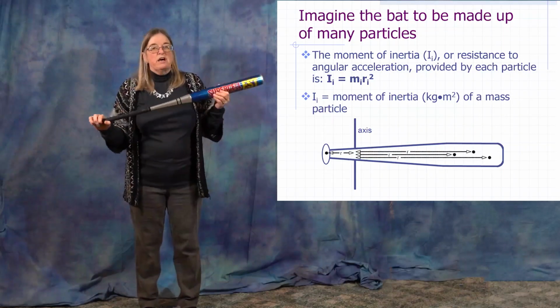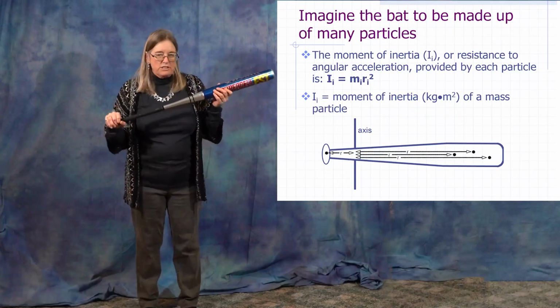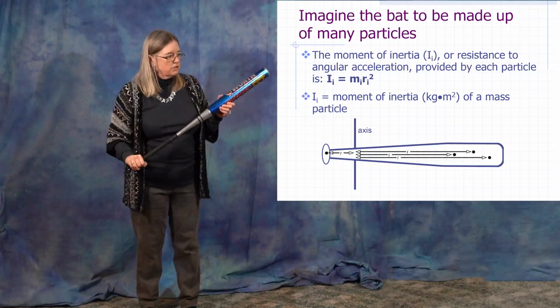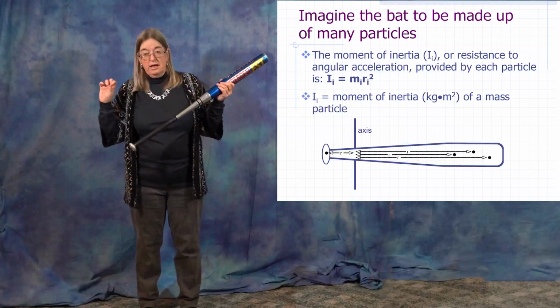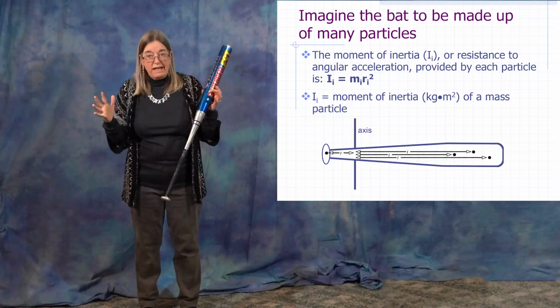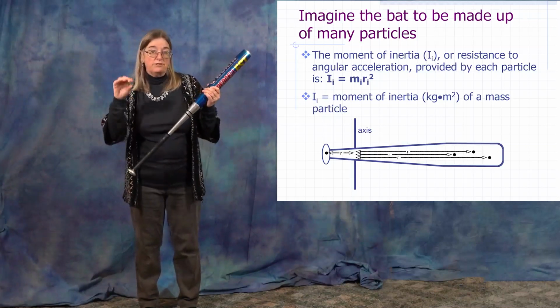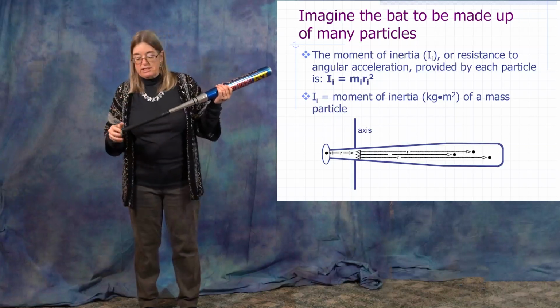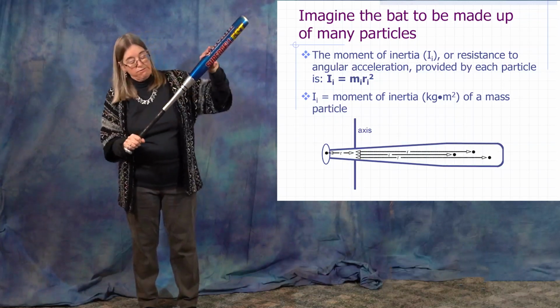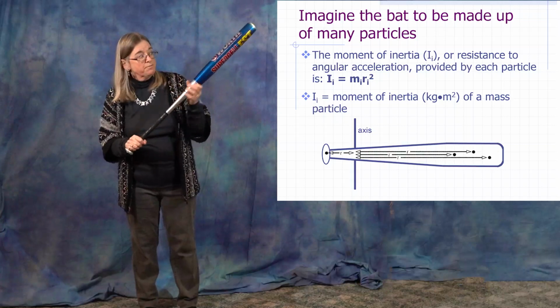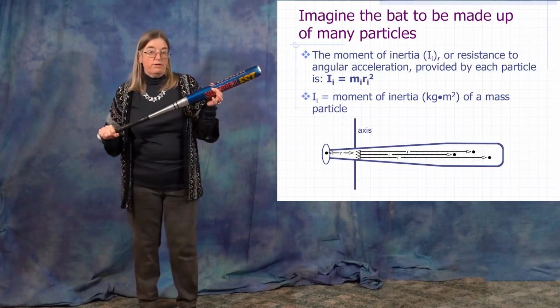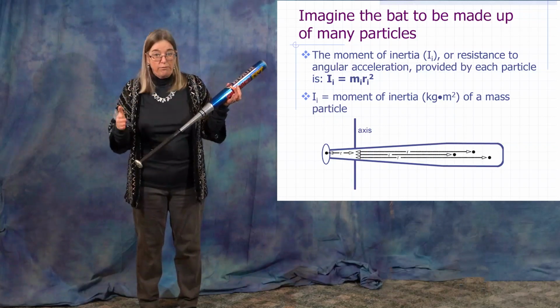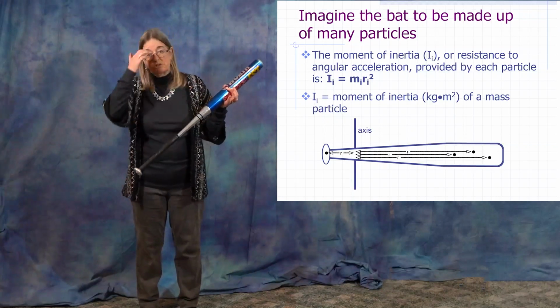The moment of inertia, or resistance to angular acceleration, that each particle of mass creates to rotation is that mass times the distance of the mass from the axis of rotation squared. So mass of the particle times r, which is the distance from the axis of rotation, squared.